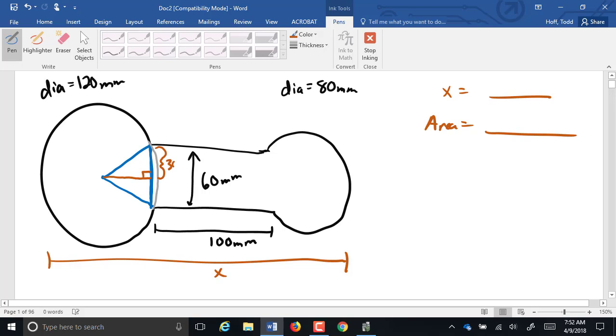So we know that's 30 millimeters and 30 millimeters. So now we have a triangle there.